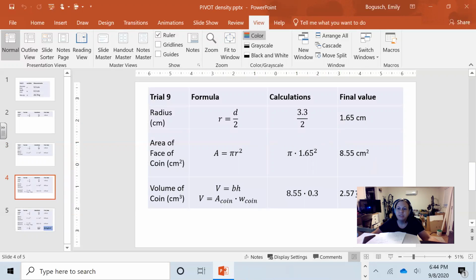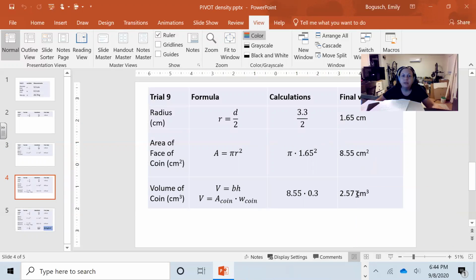My next step was to figure out the volume of the coin. The volume of the coin is going to be the area of the base times its height. In this case, 8.55, that's the area of my base, times the width of the coin, which was 0.3 centimeters.